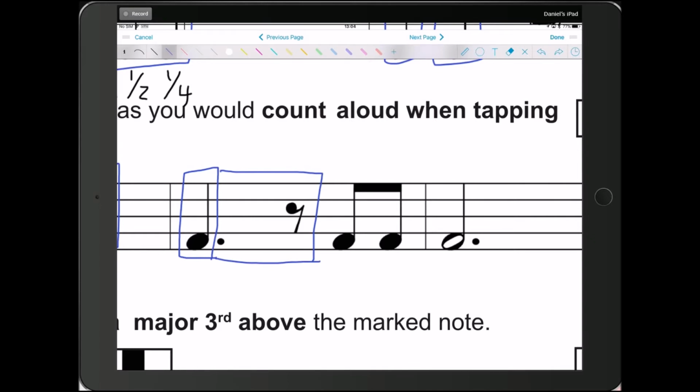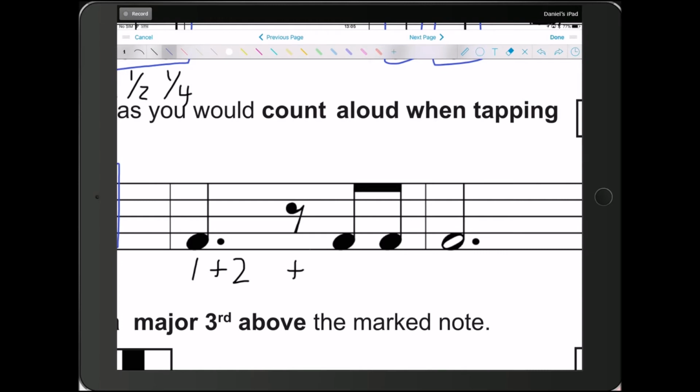So it's kind of confusing, but that's the way it's going to be. So what you have to do is draw a 1 and 2 under the dotted quarter note, and then an and all by its lonesome.